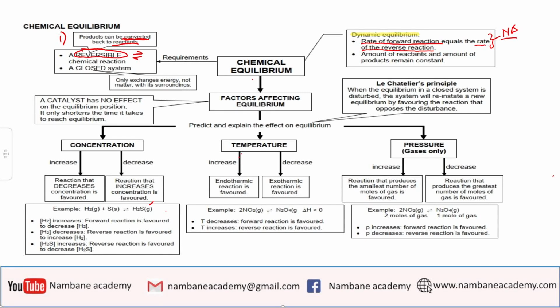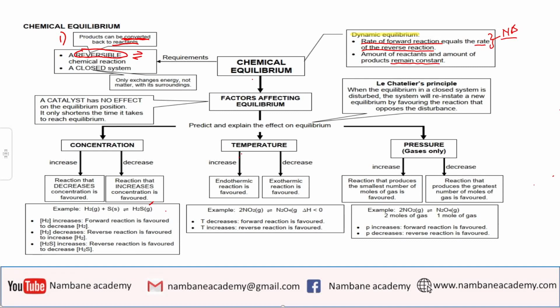It further says the amount of reactants and the amount of products remain constant. Ladies and gentlemen, I must say, we do not accept bullet number 2 in this instance. It basically says if it is in equilibrium, the rate of the forward reaction is equal to the rate of the reverse reaction.